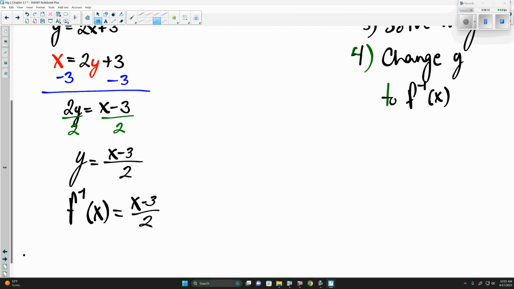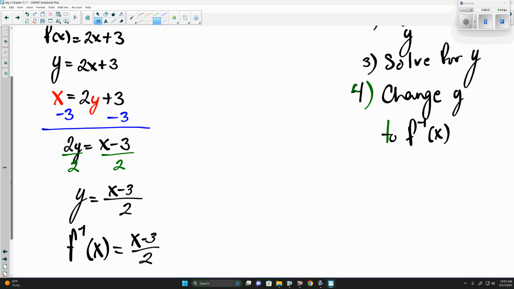So f inverse of x is taking all the range values of f of x and taking them back to the domain. Taking our output values back to our input values. Questions on this here?